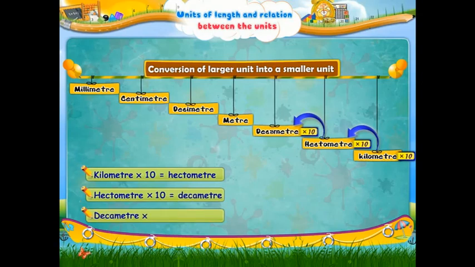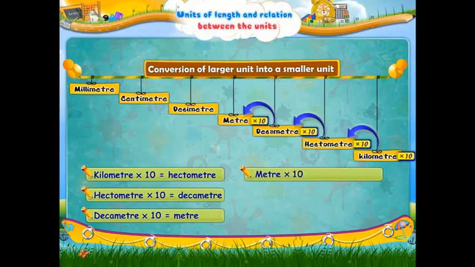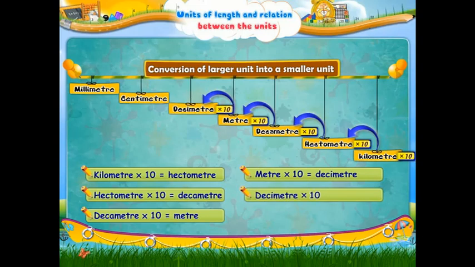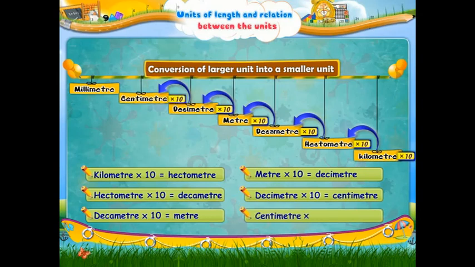Decameter multiplied by 10 gives meter. Meter multiplied by 10 will give decimeter. Decimeter multiplied by 10 gives centimeter. And in the end, centimeter multiplied by 10 gives millimeter.